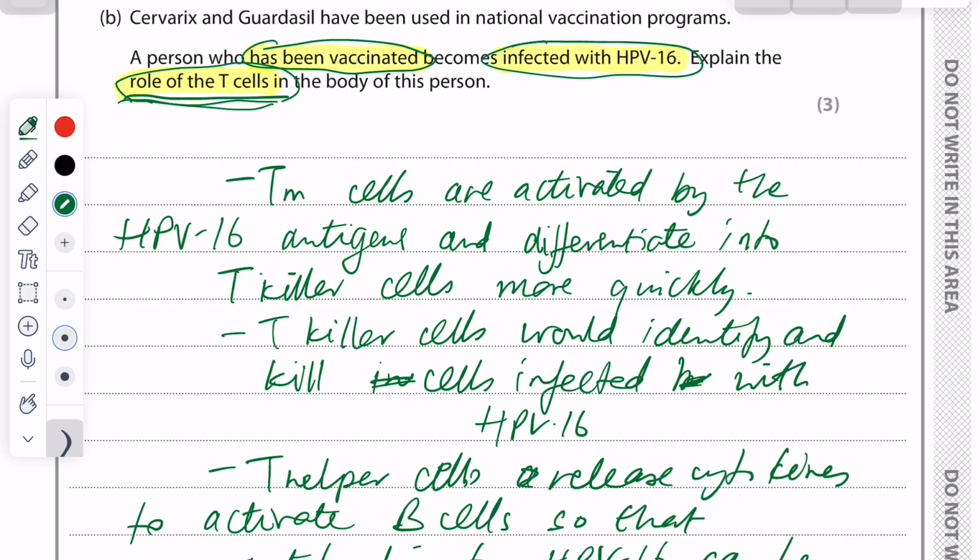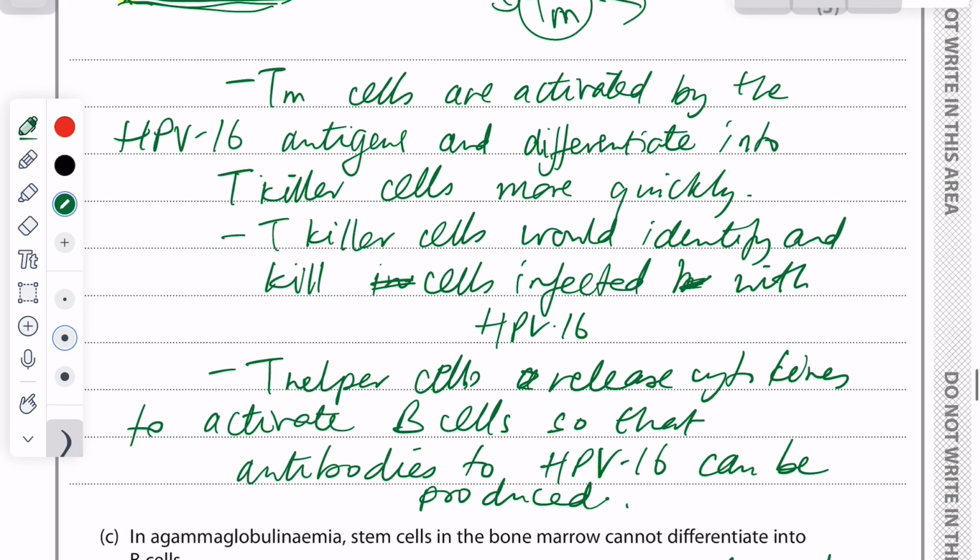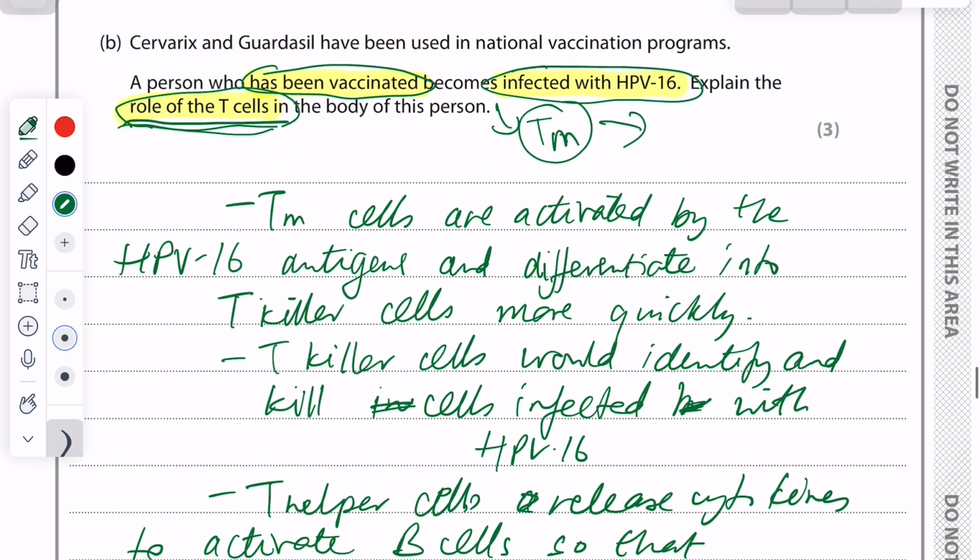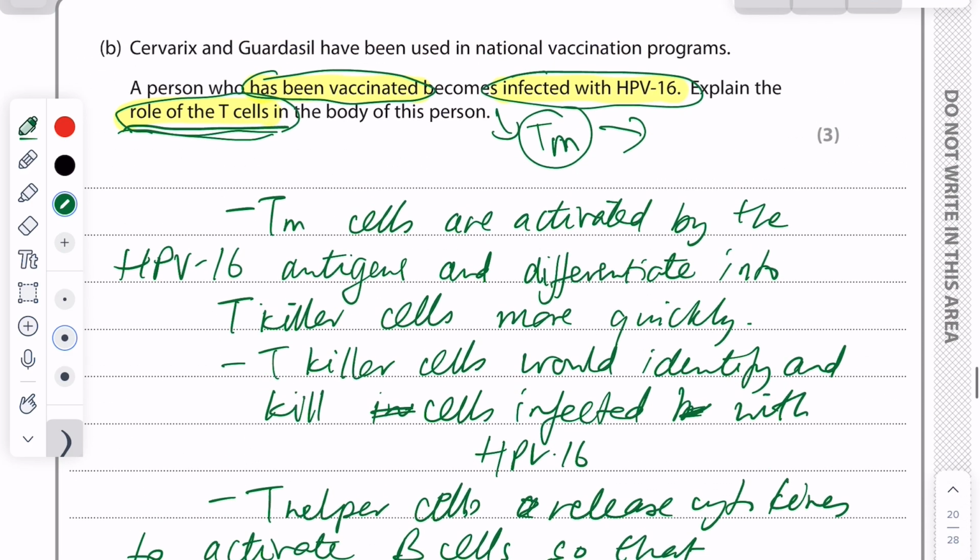But the person's already been vaccinated, right? So what I'm assuming is that we have to talk about T memory cells and what T memory cells can do, and then potentially talk about other types of T cells as well. But maybe because they're saying explain.